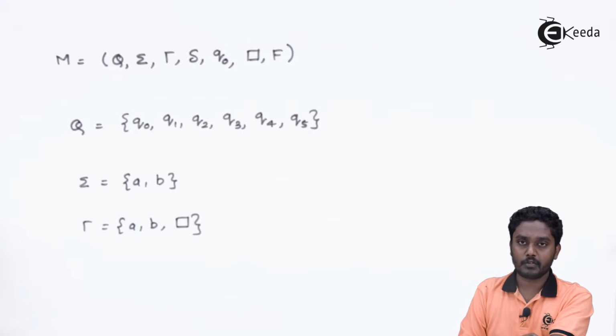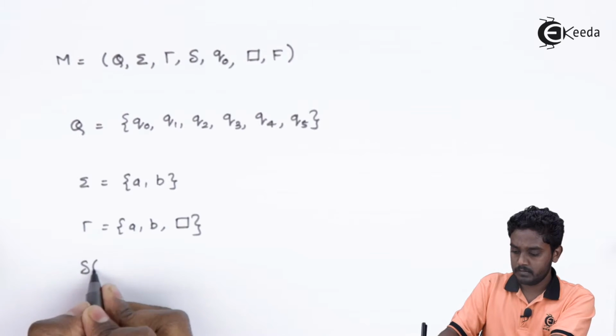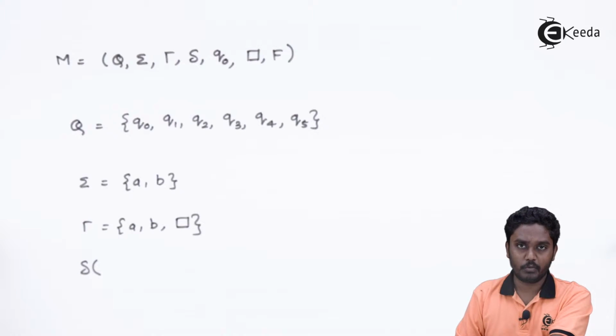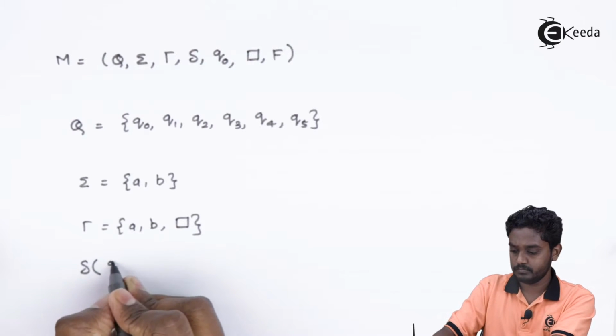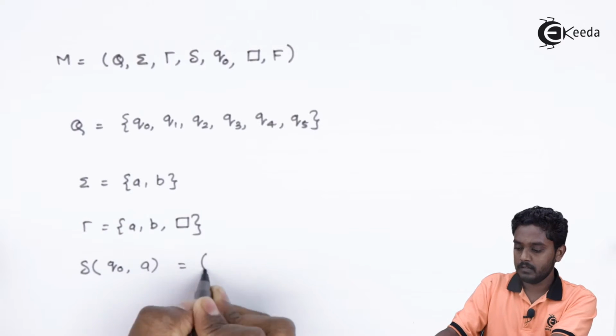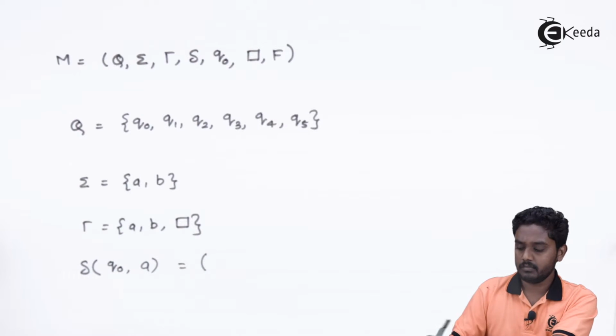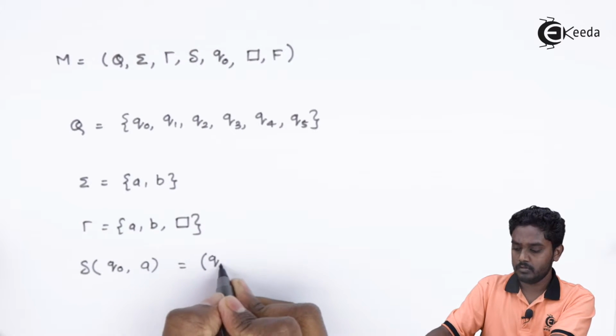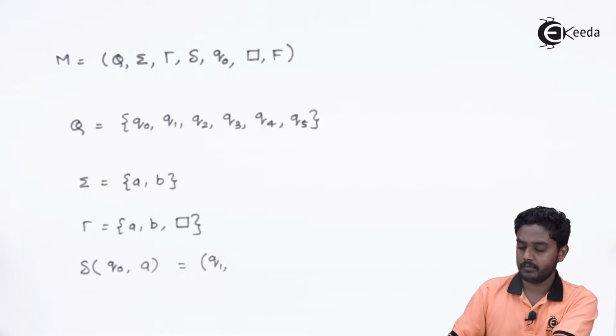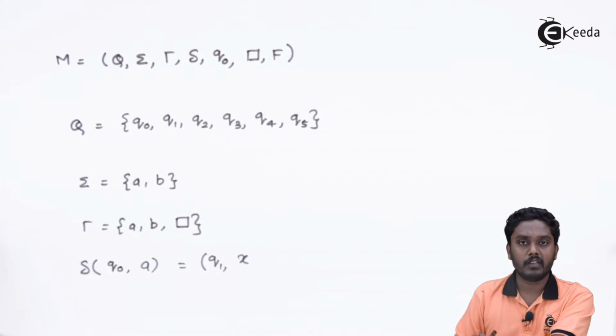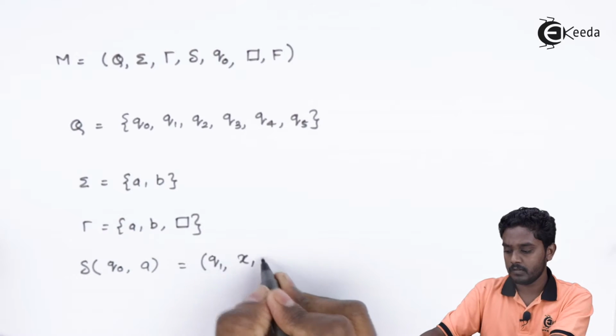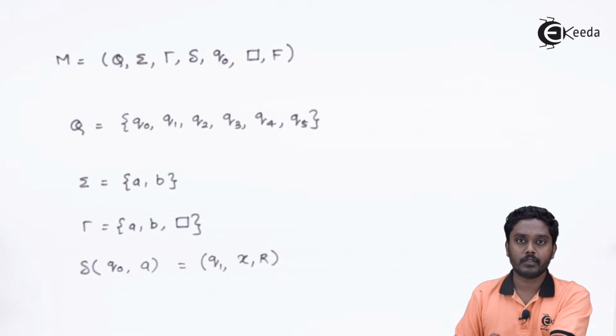Let's now write the transitions. Delta of Q0 on A will have a transition to Q1, replacing A with X, moving to the right.